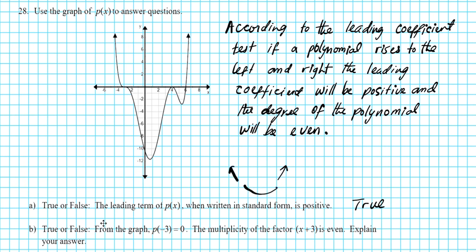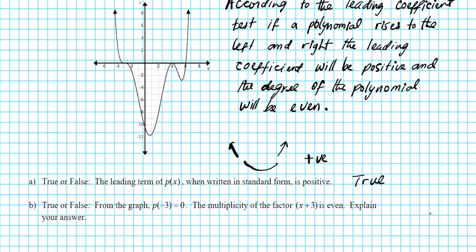Okay, now let's take a look at the B part. From the graph, p of negative 3 is equal to 0. The multiplicity of the factor x plus 3 is even. Is this true or false? You have an even multiplicity, namely 2, when the graph touches the x-axis. Okay?